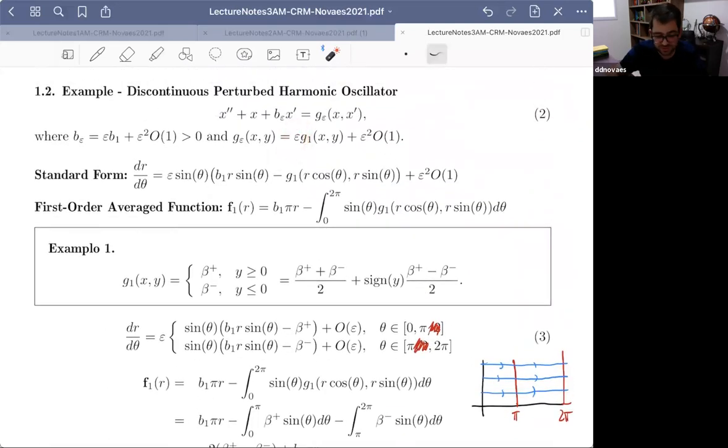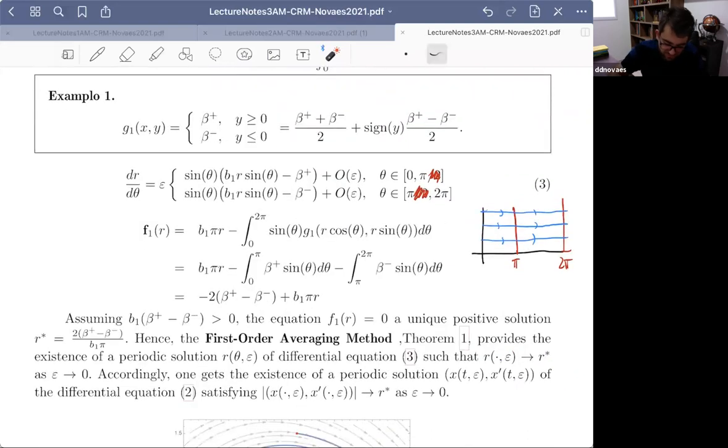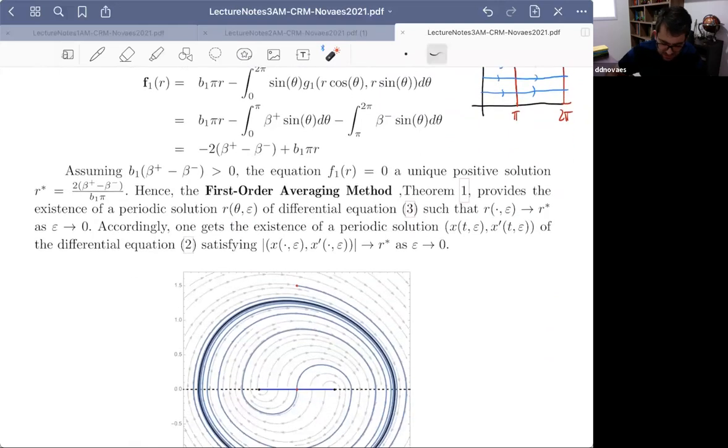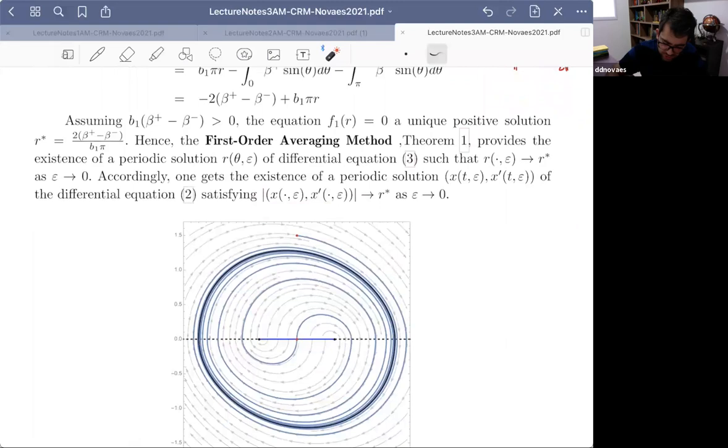However, in our case, our distinguished parameter, the small parameter, is epsilon. Then fixing beta plus minus beta minus, we see the existence of a periodic solution converging to a circle of a specific radius. It does not go to zero when we vary epsilon.